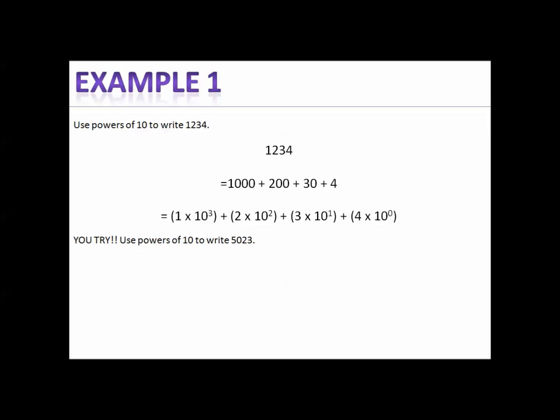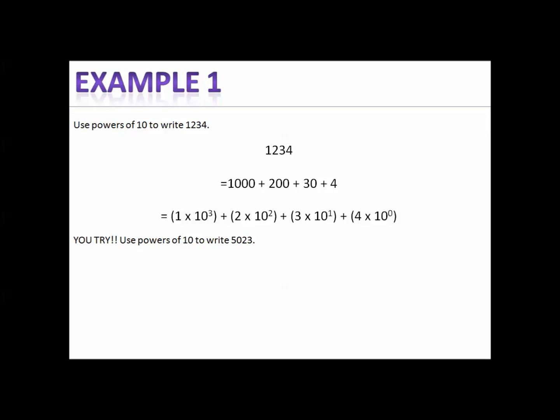Again, in the last slide, we examined that 10 can be written as 10 to the power of 1. In 1,234, we have 3 tens. So we write 3 times 10 to the power of 1. And then finally, we have 4. As we examined before, 1 can be written as 10 to the 0.